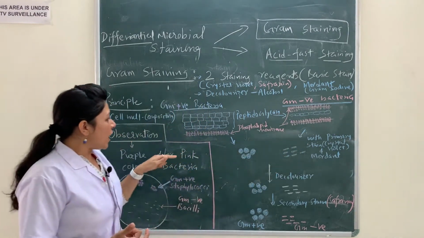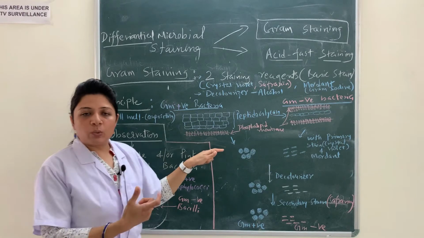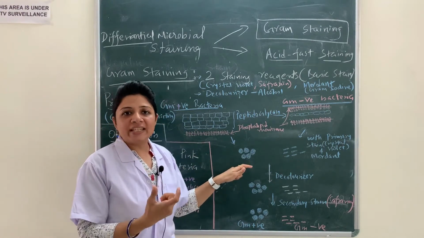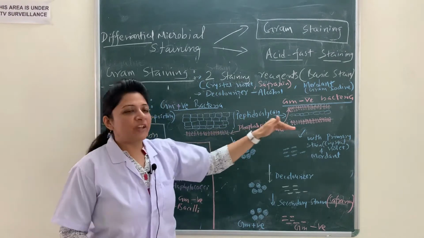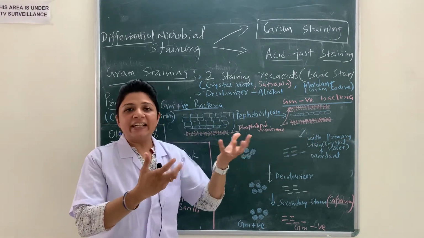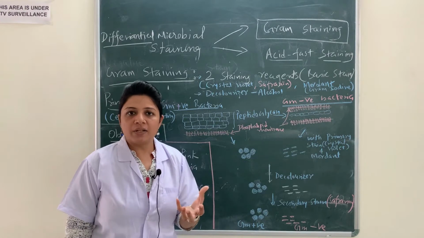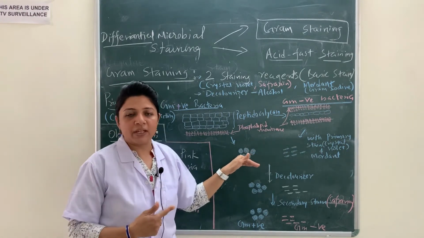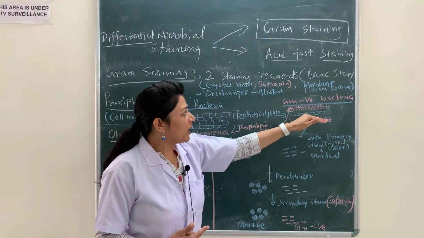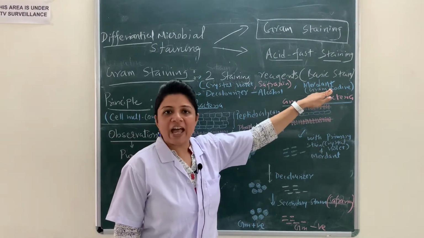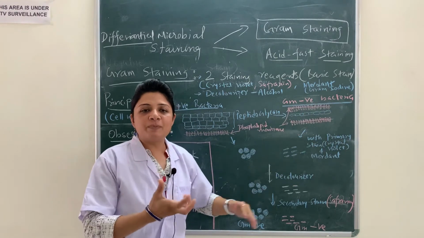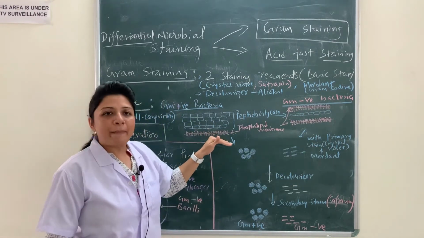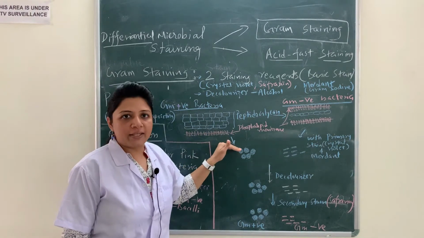Now when we apply crystal violet, the primary stain, on the sample, both gram positive and gram negative bacteria take up the crystal violet, which is the basic stain, due to the acidic characteristic of the membrane. After that, we apply the mordant, Gram's iodine. The mordant helps to increase the affinity of the crystal violet stain to the membrane of gram positive organisms.